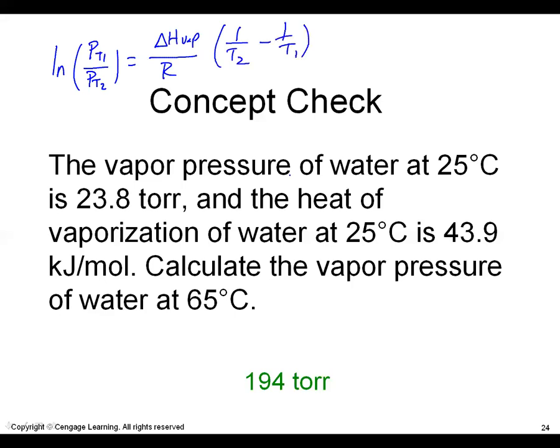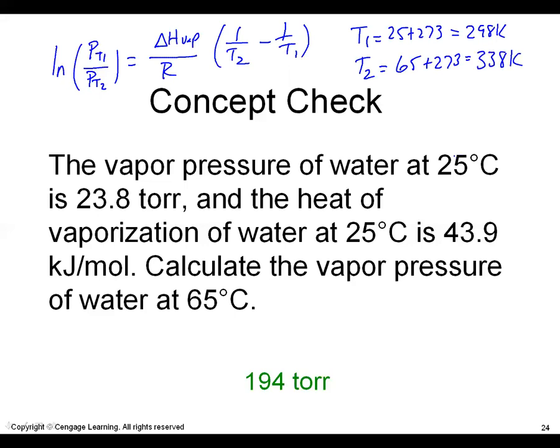So we do need to do a couple of conversions. These temperatures need to be in Kelvin. Our T1 is 25 plus 273, which gives us 298 Kelvin. Our T2 is 65 plus 273, and that will get you 338 Kelvin.